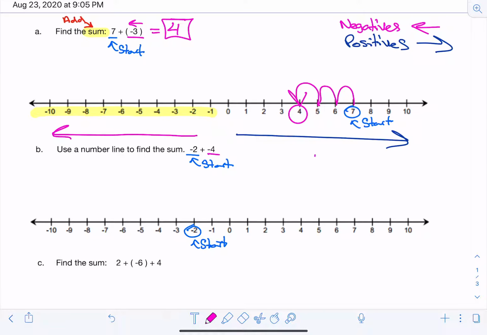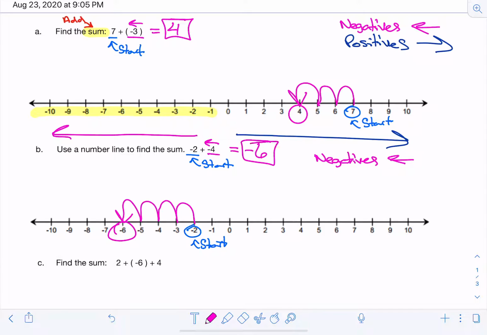Once again, negatives go towards the left. So that means we're going to go to the left, negative 4. So from our starting point, we go 4 times. 1, 2, 3, 4. And we end up at negative 6. So negative 2 plus negative 4 is negative 6.